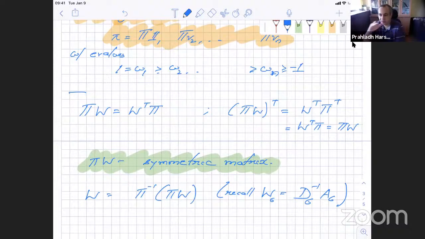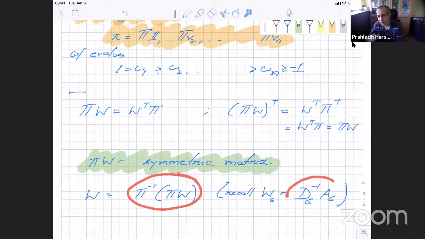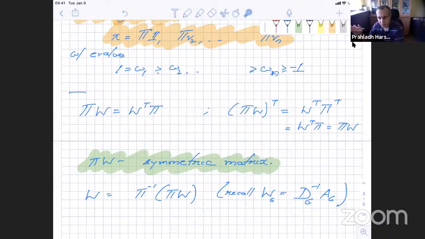The sum of the degrees is 1 because it's a probability distribution. That's the only difference between the two representations: the sum of the degree vectors is 1, whereas there the sum of the degree vectors could be some arbitrary positive real number.